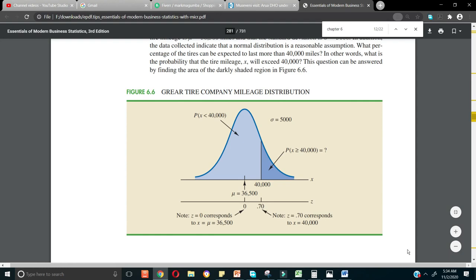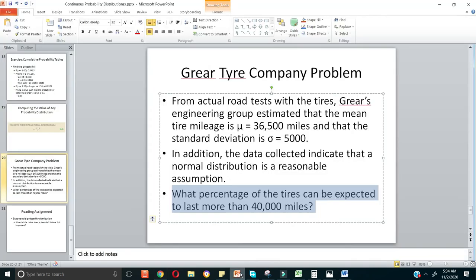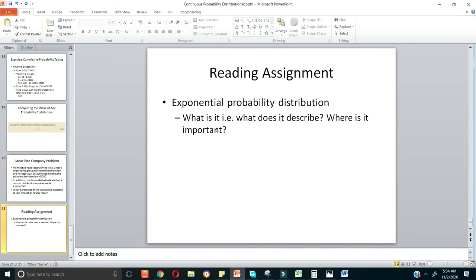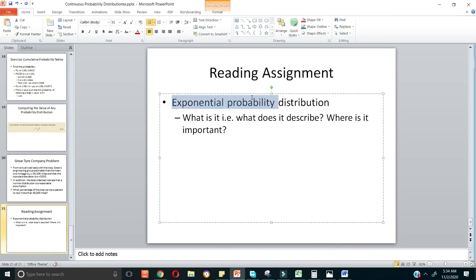There's another distribution that we could cover, but I'm going to give this to you as a reading assignment. It's called the exponential probability distribution, which is related to the Poisson and binomial distributions. Again, it's not very important to memorize the formulae, but it's very important to understand what it does and where it is applied.